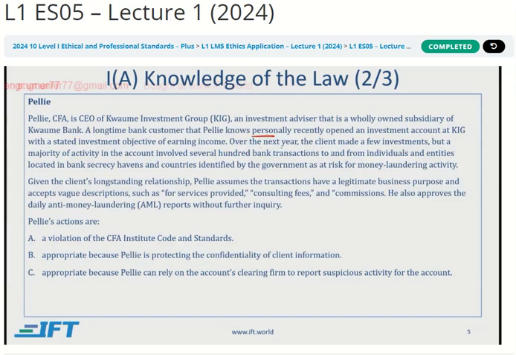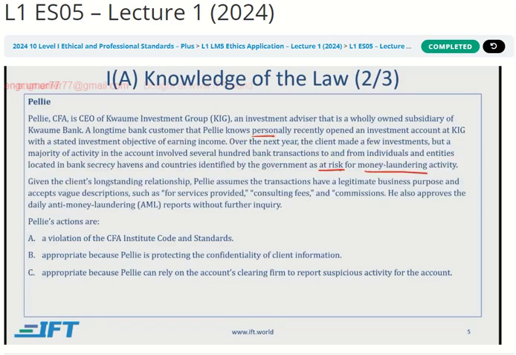Over the next year, the client made a few investments, but a majority of activity in the account involved several hundred bank transactions to and from individuals and entities located in bank secrecy havens and countries identified by the government as at risk for money laundering activity.